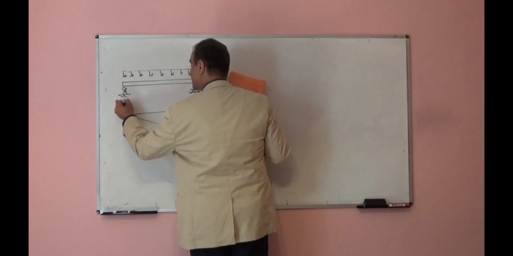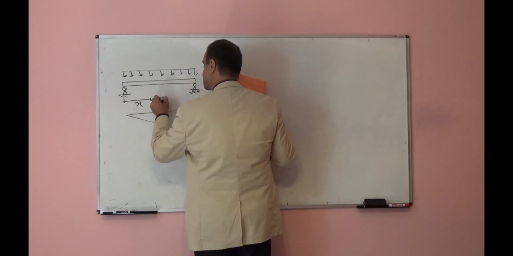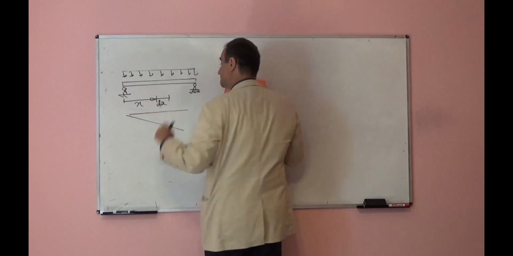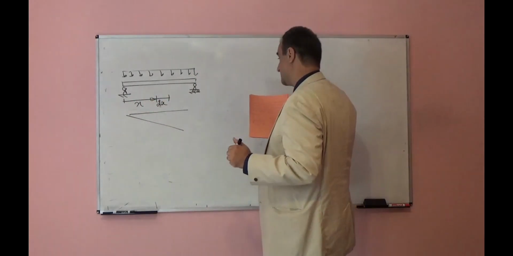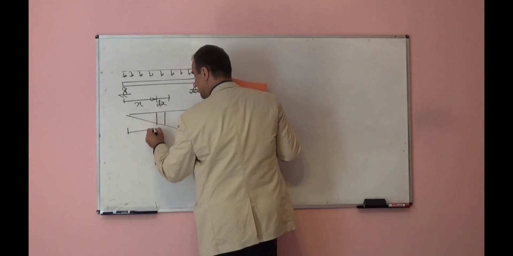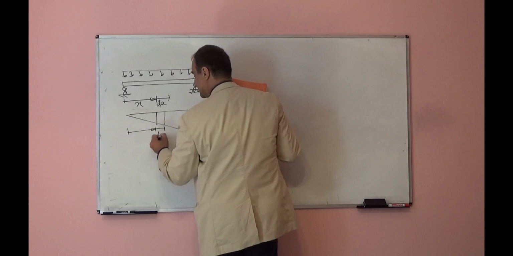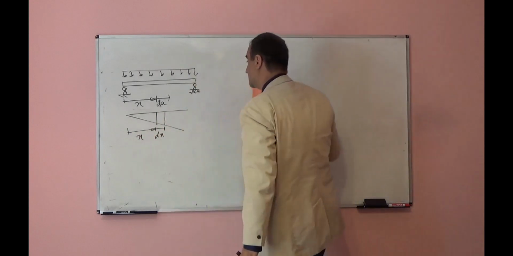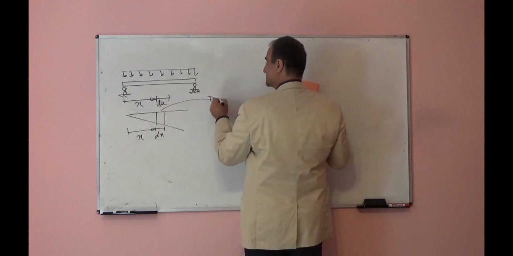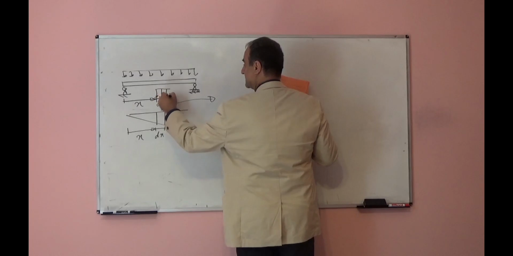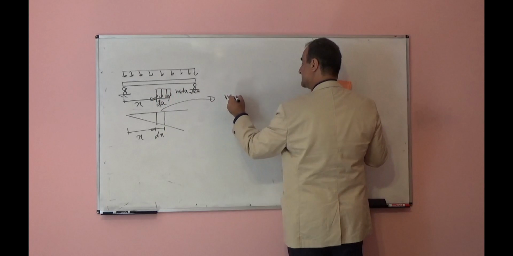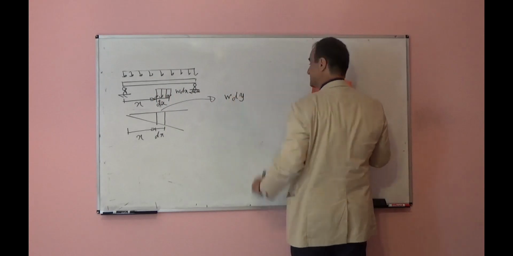If you look at one small element at x distance, this is dx for example, let's look at the influence line in that element. This is dx, this is x. Here the entire resultant force on this element will be W times dx.